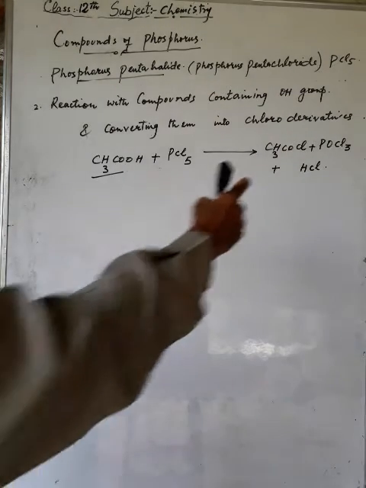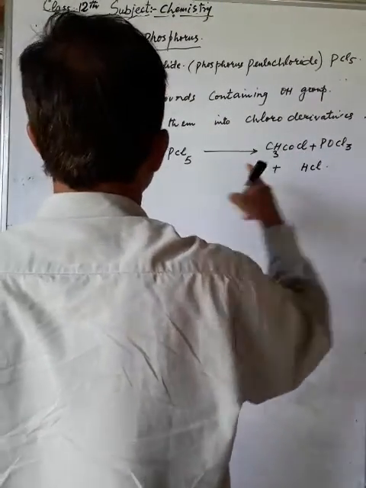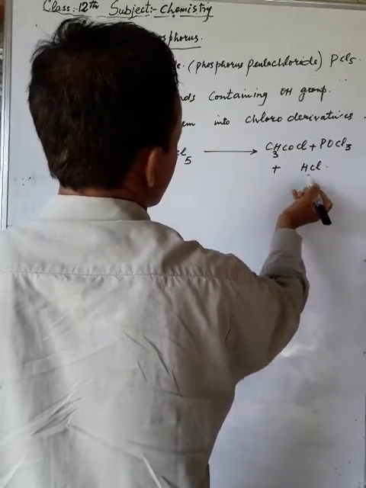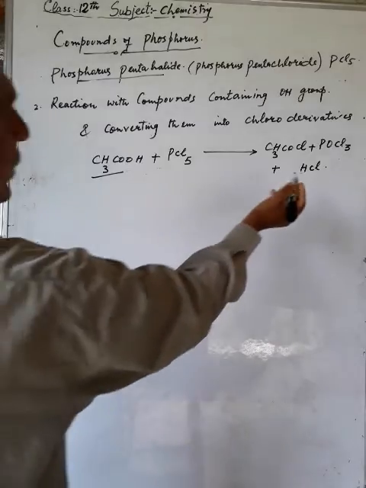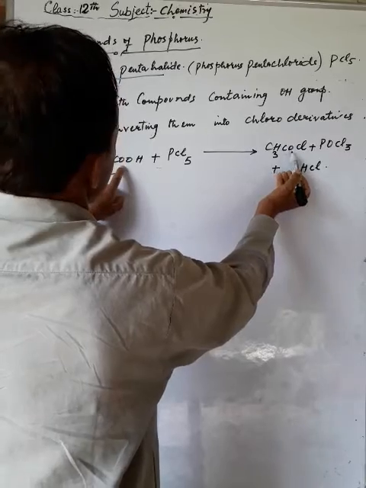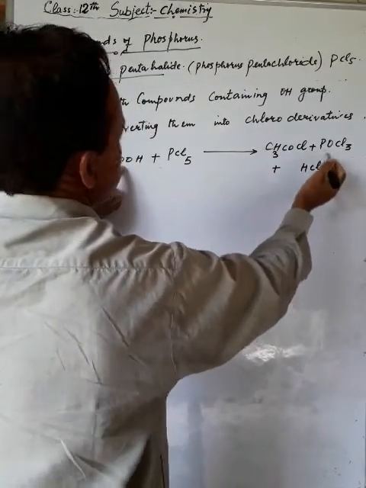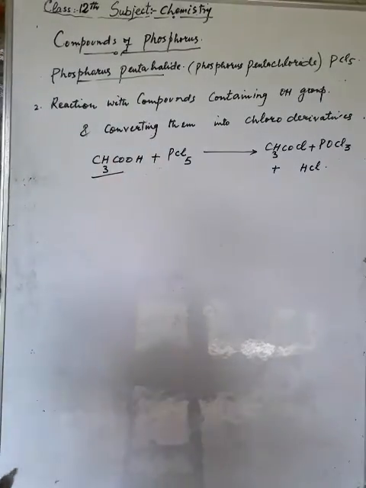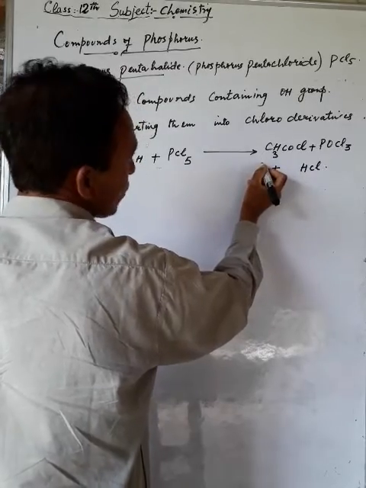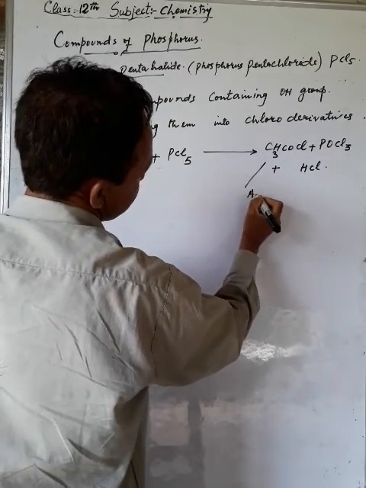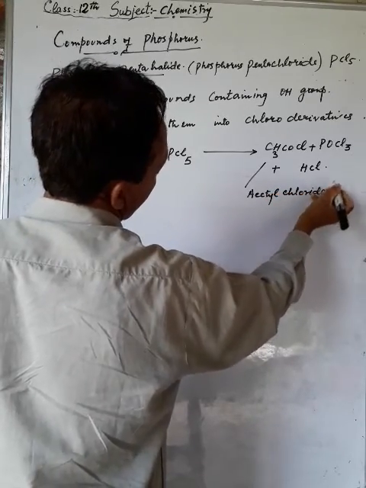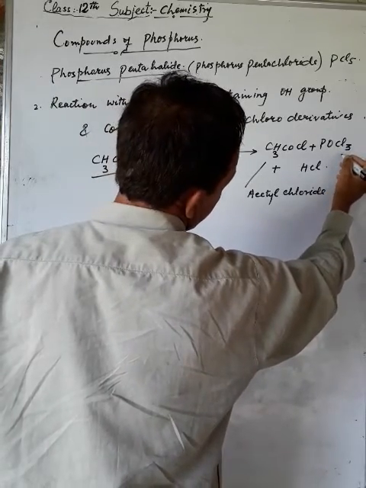CH3COCl is acetyl chloride or acid chloride, and this is phosphorus oxychloride.